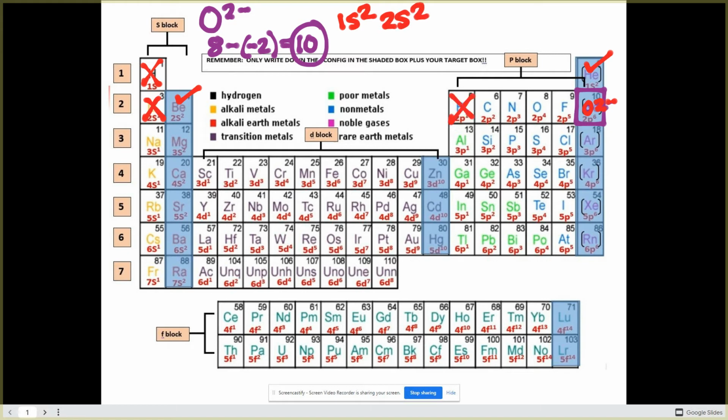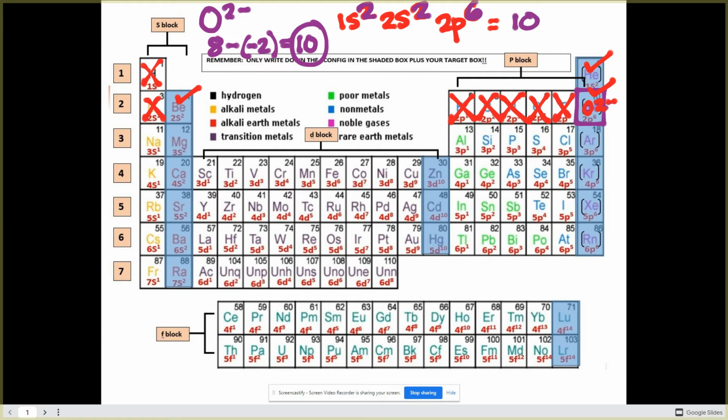Box number 5, no. 6, no. 7, no. 8, no. 9, no. 10, yes. And therefore, that's our target box. And that's going to be the last one, 2p6. And again, guys, if you add up the exponents, which is 2 plus 2 plus 6, this should give you 10.